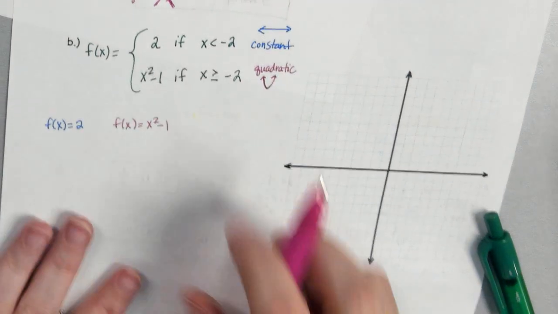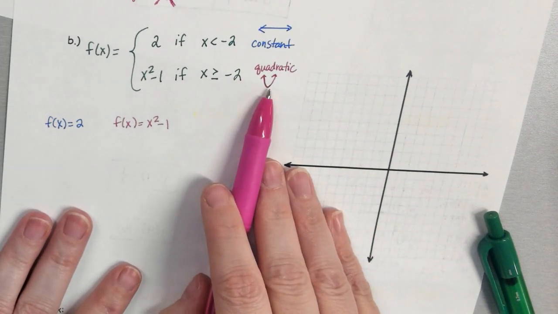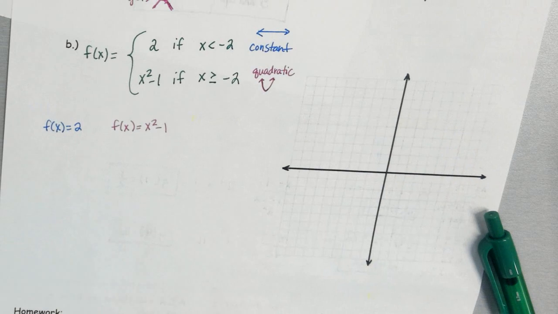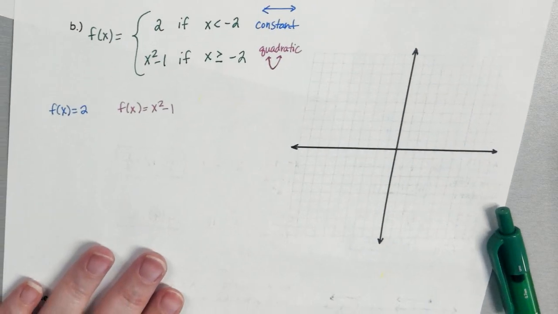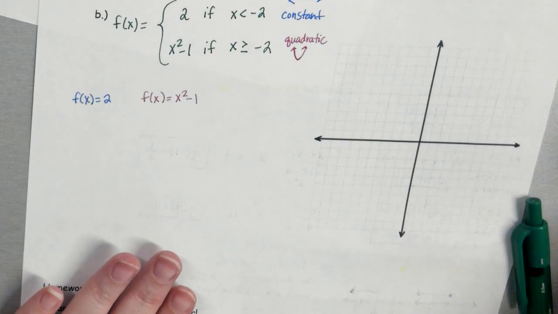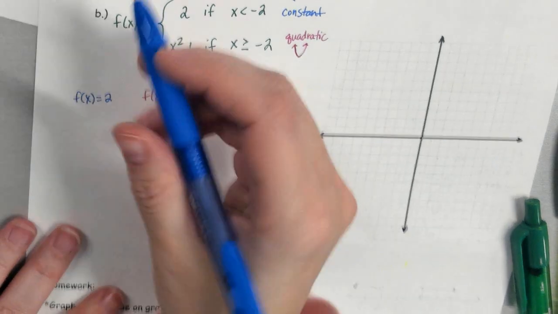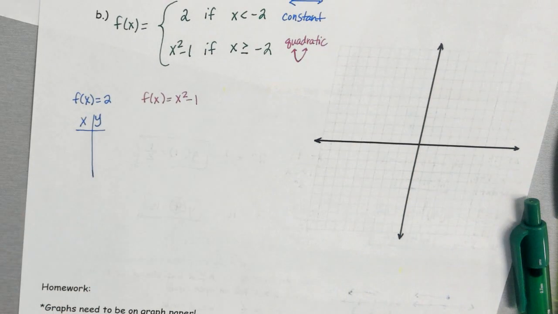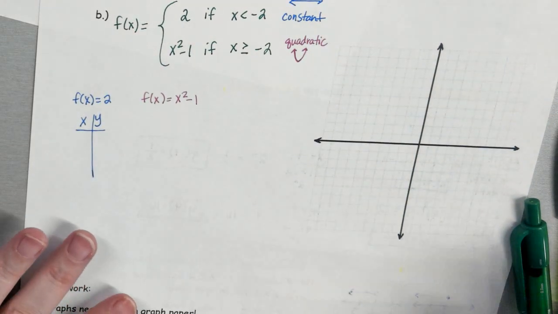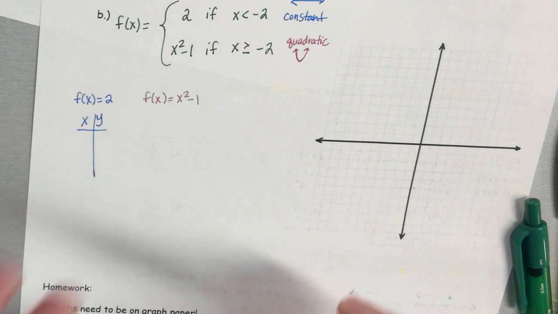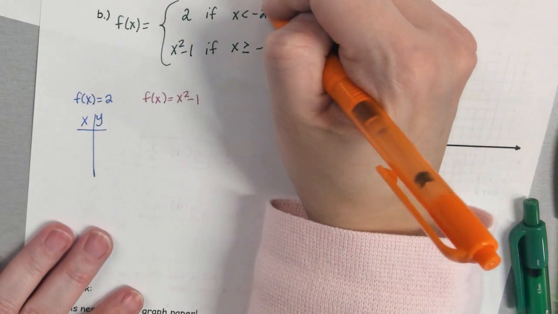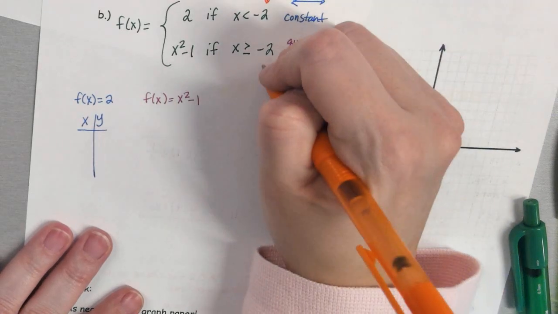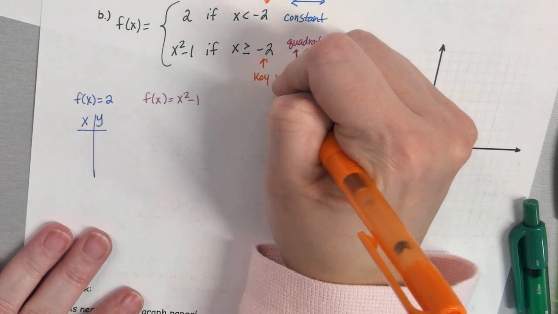Now remember, we are only graphing parts of these. So the line's not going to go forever. The quadratic is not going to go forever. It just is going to be on a certain interval. Okay, so really for this one, we're going to write out the type of circle and stuff, but when you do this, you really only need your key value, because if it's 2, my key value in this case is negative 2, because that's what's in the interval.